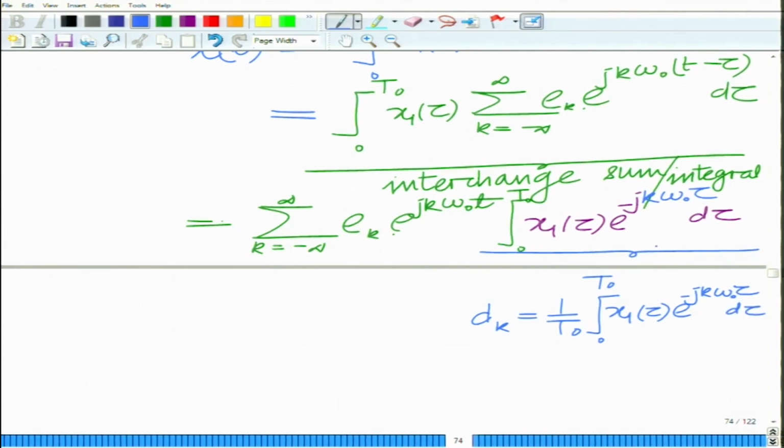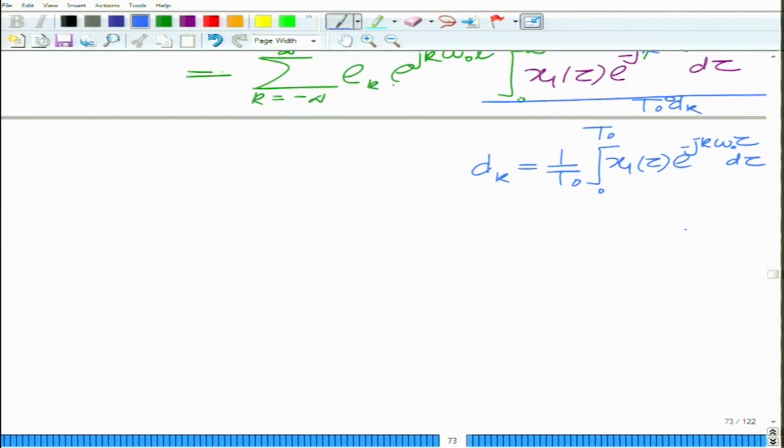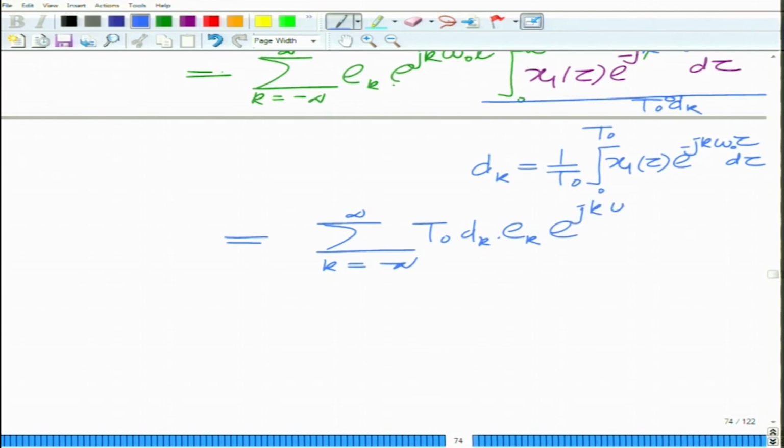So this is in fact t naught dk. Finally, you get summation k equals minus infinity to infinity t naught dk e k e raised to j k omega naught t.